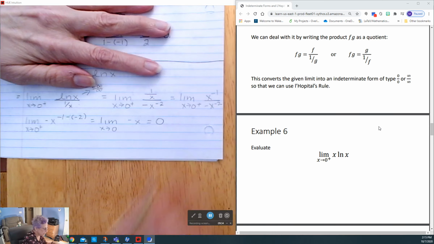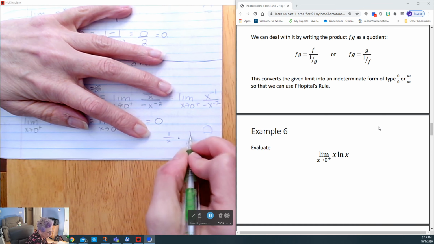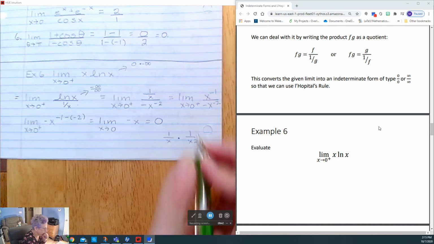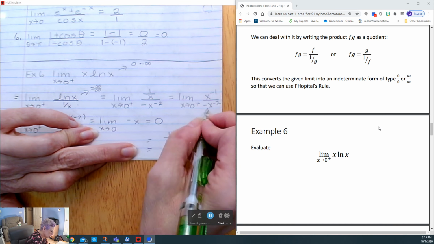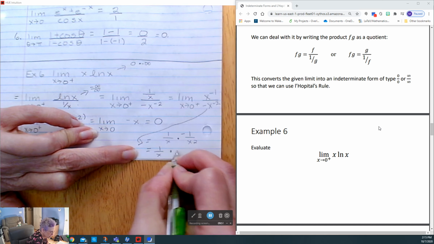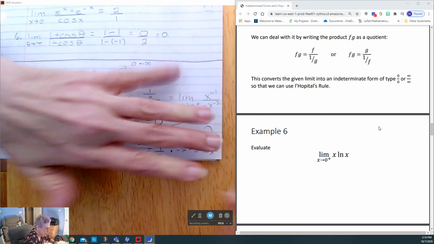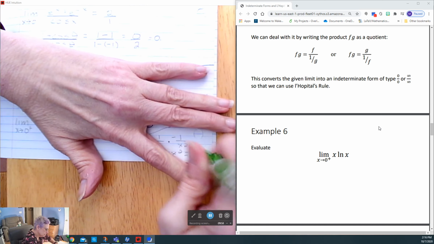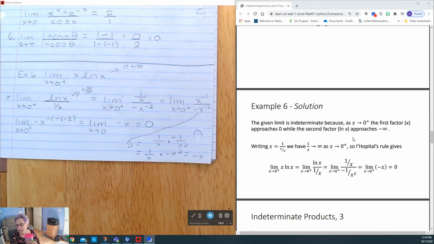Or you can look at it as 1 over x divided by 1 over x squared, which would be 1 over x times negative x squared, which is just negative, plain old x. Either way, it's 0. There's the pretty answer.